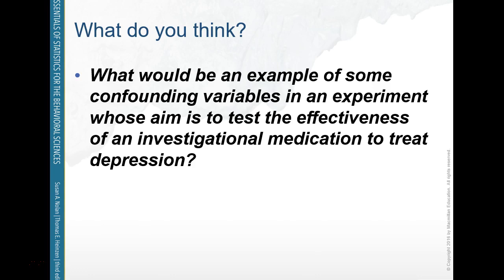What are some confounds that you could think of that might make it hard to understand those results? What are some confounds that you would not want in terms of systematic differences between the groups? And that's just a question you could think about as you're studying.